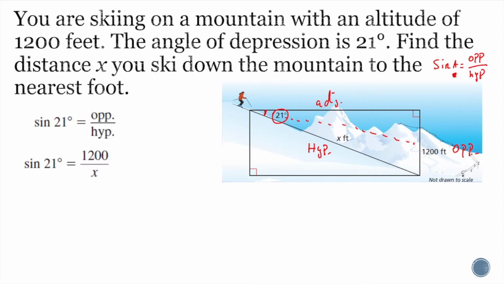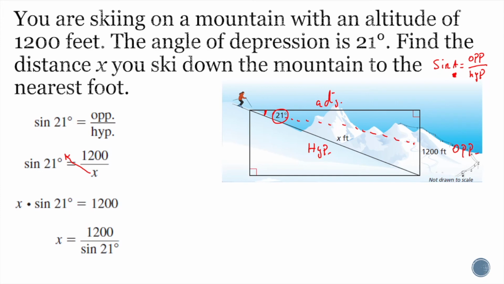Substituting my values, I have this. Now I will cross multiply to get x times sine of 21 degrees is equal to 1,200.